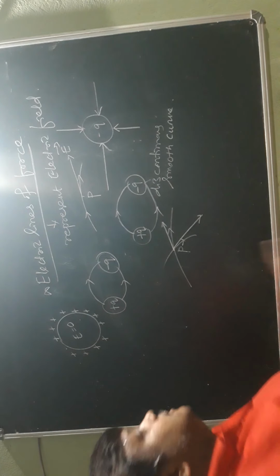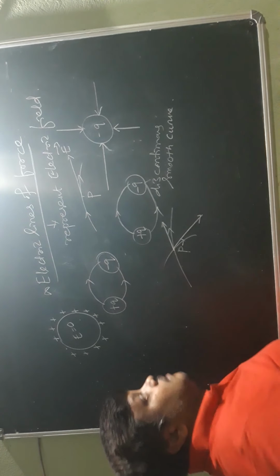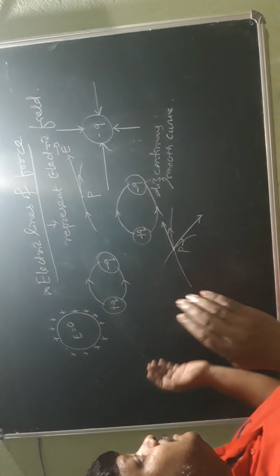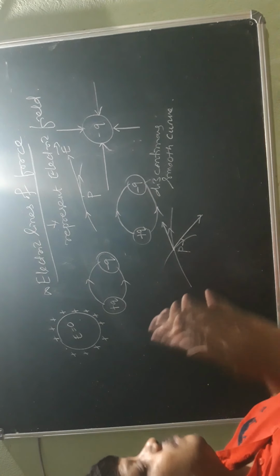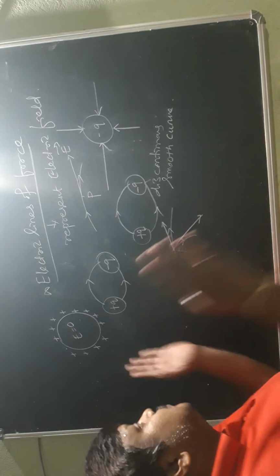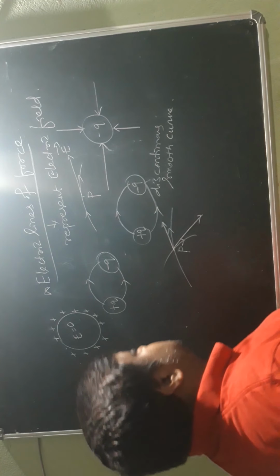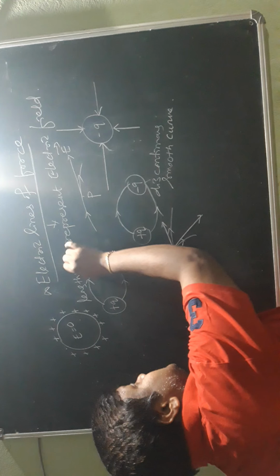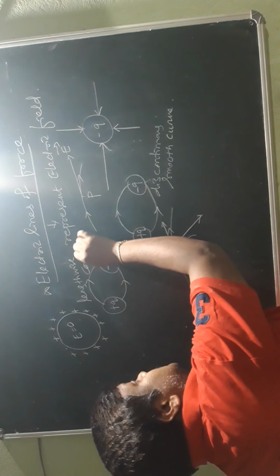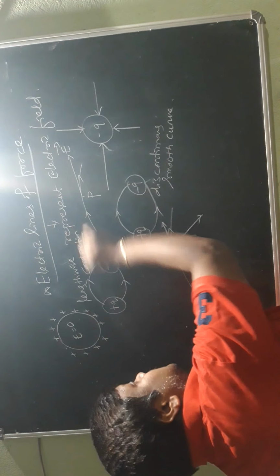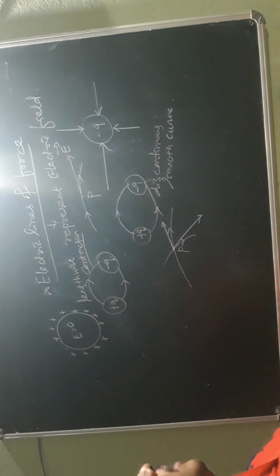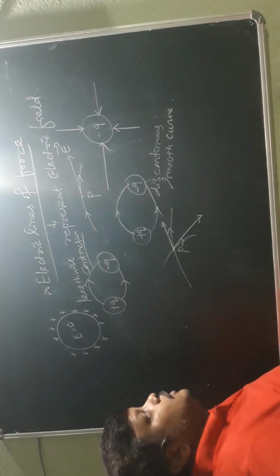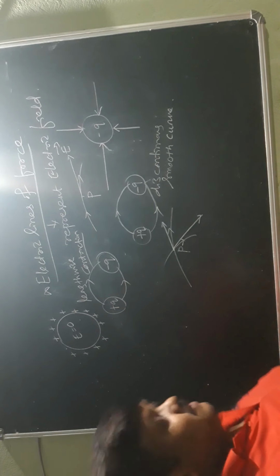Clear? But due to the presence of the negative charge, the lines of force tend to contract longitudinally, meaning lengthwise. Clear? Lengthwise contraction. Okay. Now this lengthwise contraction property tells you about the attractive force between two dissimilar charges.